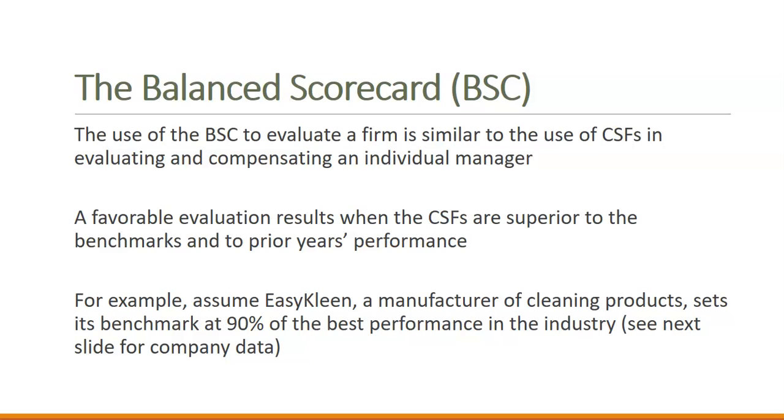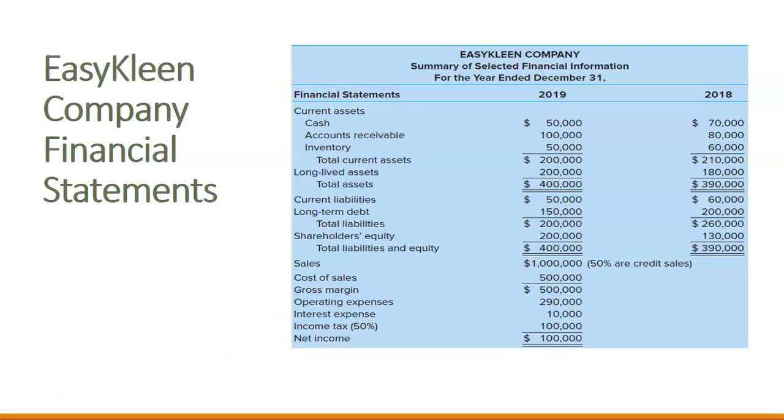So we have this example of a company that has their benchmark at 90% of the best performance in the industry. We have their information here about their current assets, long-lived assets, current sales, and current net income.